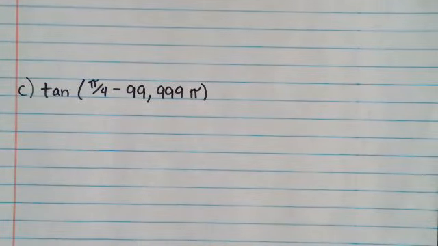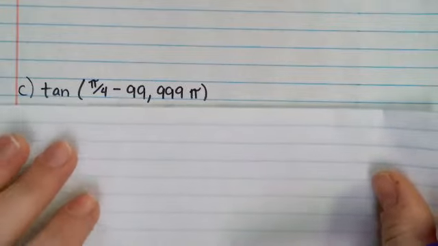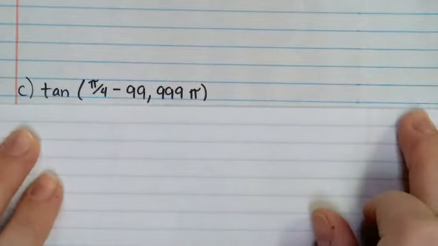Let's look at tangent. Now, the period of tangent is different. Period of tangent is pi, so it could be odd or even. As long as it's whole values of pi, then tangent repeats itself, so you can think of it kind of like coterminal, even if it's not.